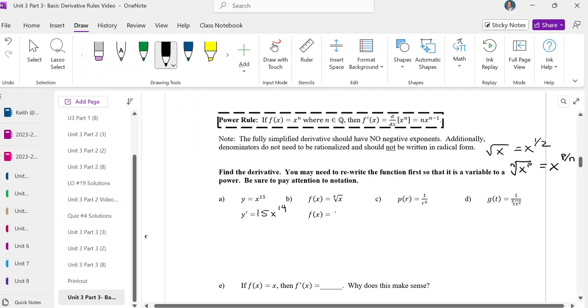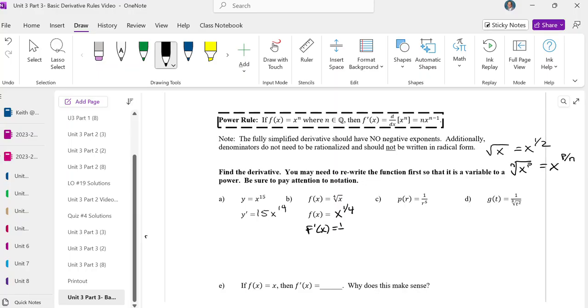So here, this would be x to the 1/4. The derivative is then 1/4 x to the -3/4, because 1/4 minus 1. Then, to make it a positive exponent, we move it to the bottom of the fraction and make it 1/4 x to the 3/4. That is your derivative.